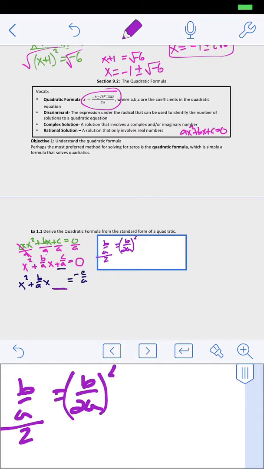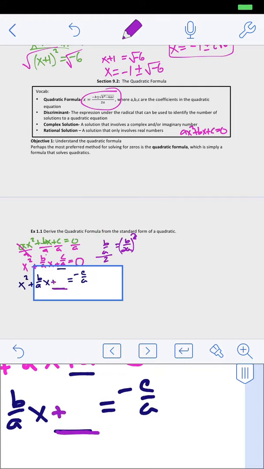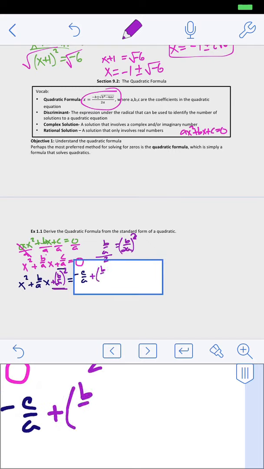That's right, I had to square it. Once I found that number, that 1 or that 6 or that 3/2, I had to square it, and that was what I put in here for the purple slot. b over 2a squared. And that's what I did to the other side as well. b over 2a squared.